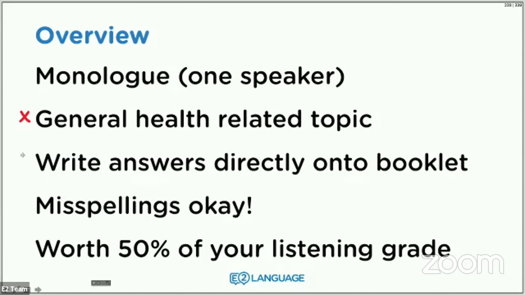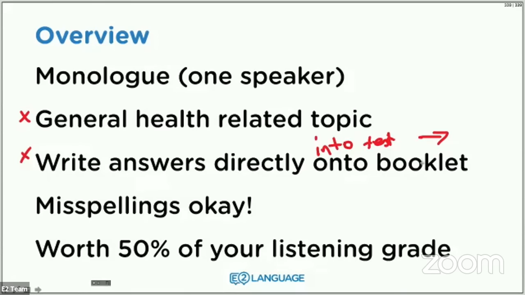Interestingly, in this part of the test, you'll write your answers directly into the test booklet. So not onto a separate sheet of paper, you'll write them directly into the booklet, because as we'll see when I show you the question types, there are flow charts, there's table completion, there are all these question types.